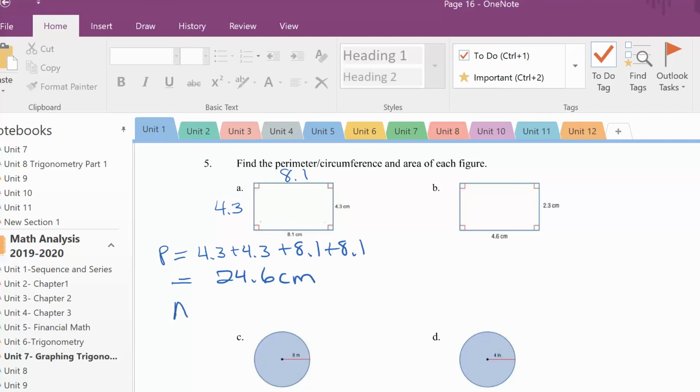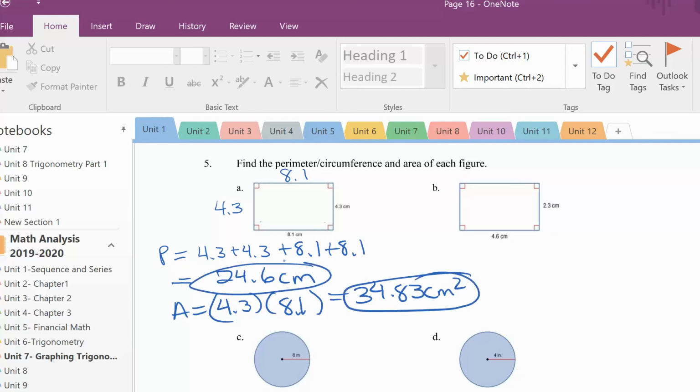The area, you multiply length times width, so 4.3 times 8.1, and you get 34.83 centimeters squared. So that's the area, that's the perimeter.